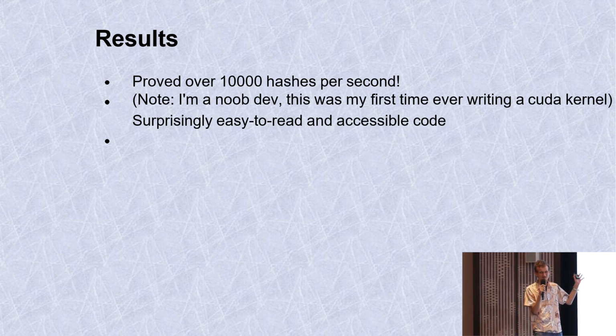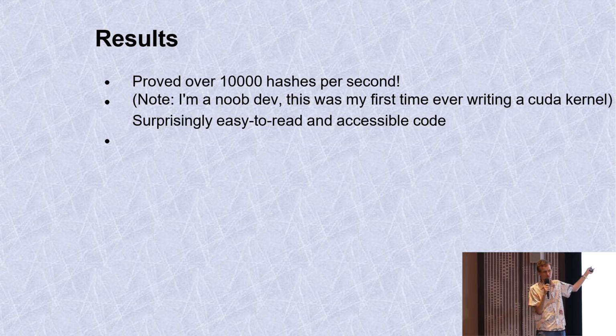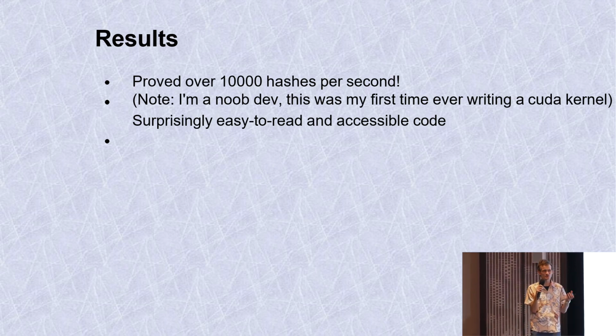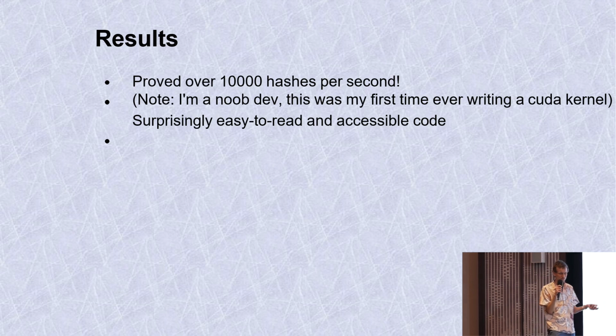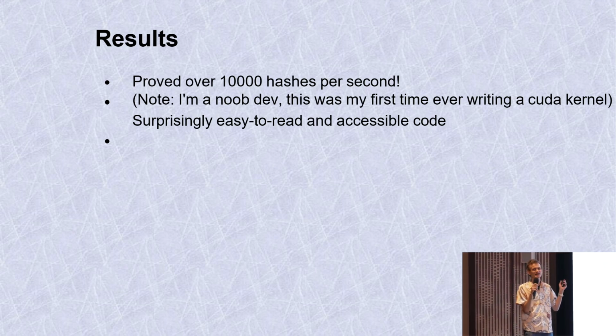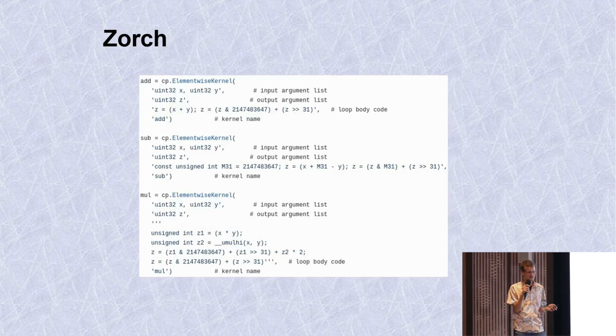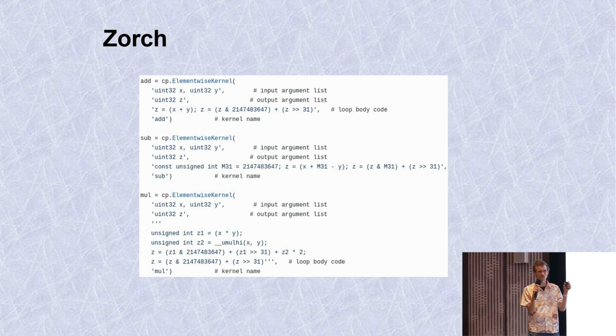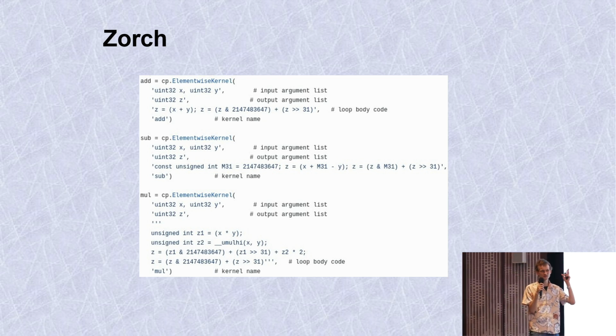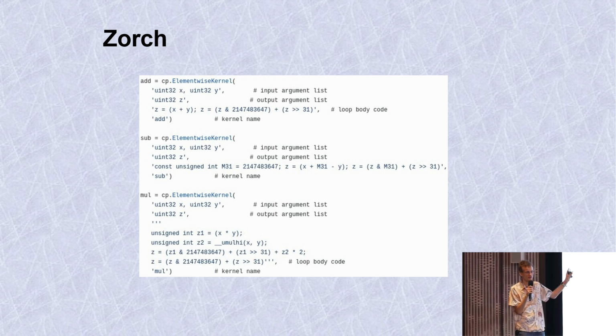At the beginning, basically all of the code was put in one single file, and you just do everything directly on top of the CuPy library, right? Then I decided, why not take the code that is specific to optimizing M31 related modular operations and put it into a separate library?